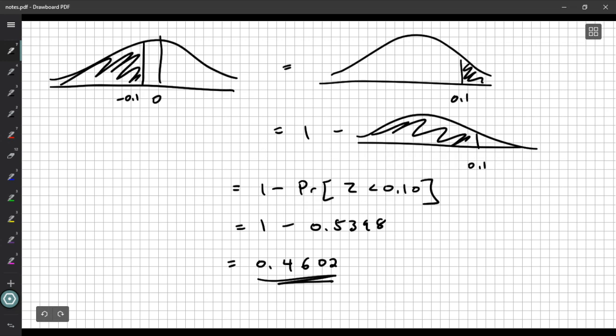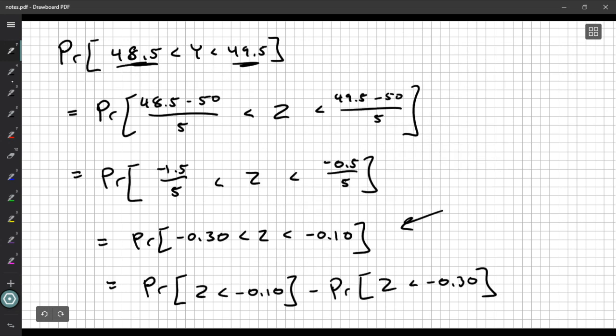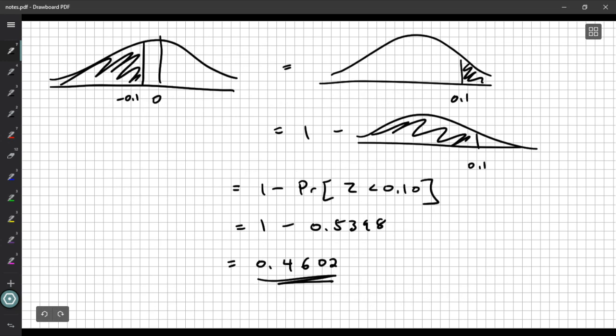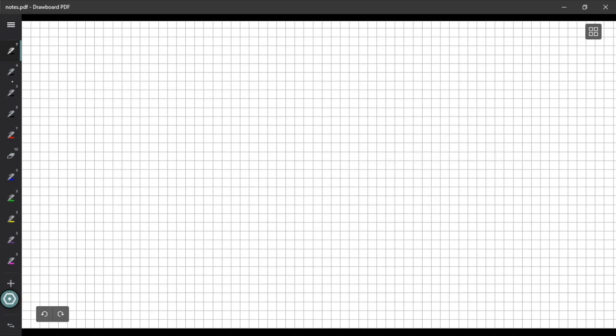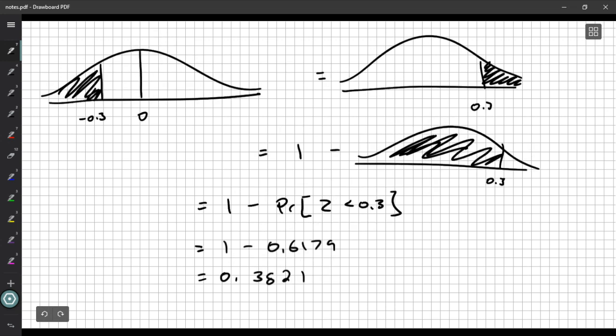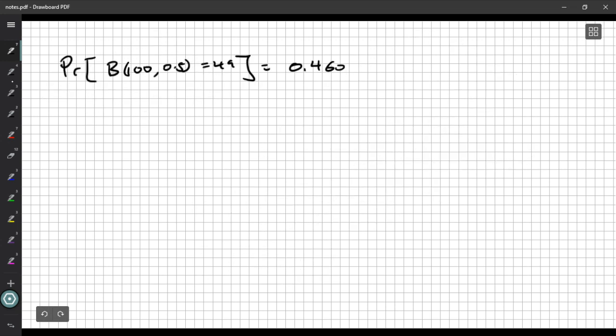Now what do we want? Just go back here and double check. We want the one minus the other. So 0.4602. We'll just go back to our original expression. So that's going to be 0.4602, minus 0.3821.